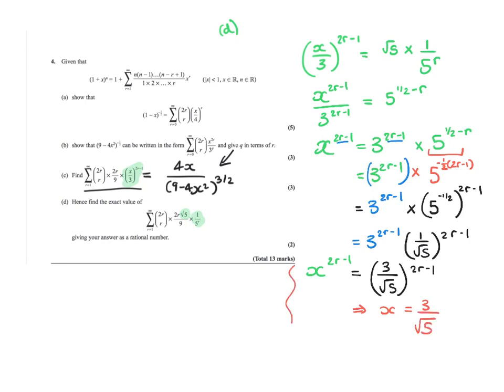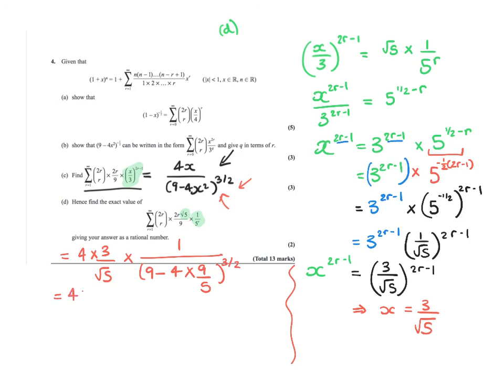Now, what do I do with that value of x? Well, I substitute it into here. So this is 4 multiplied by 3 over root 5 multiplied by, now think of it as multiplied by 1 over 9 minus 4 multiplied by x squared, which is 9 over 5, to the power of 3 over 2. Now let's simplify this.